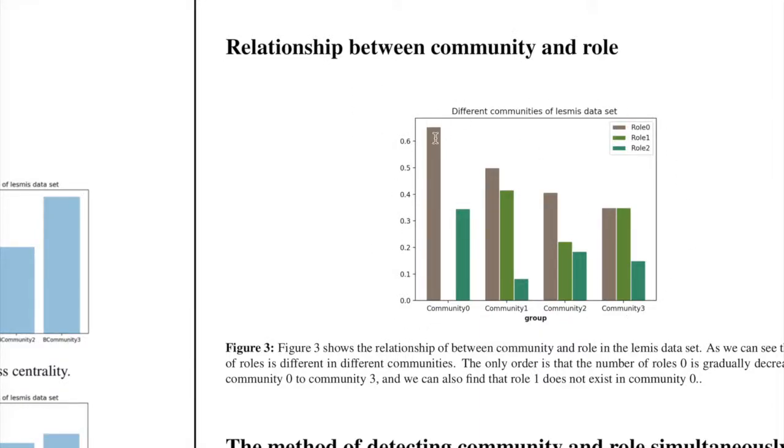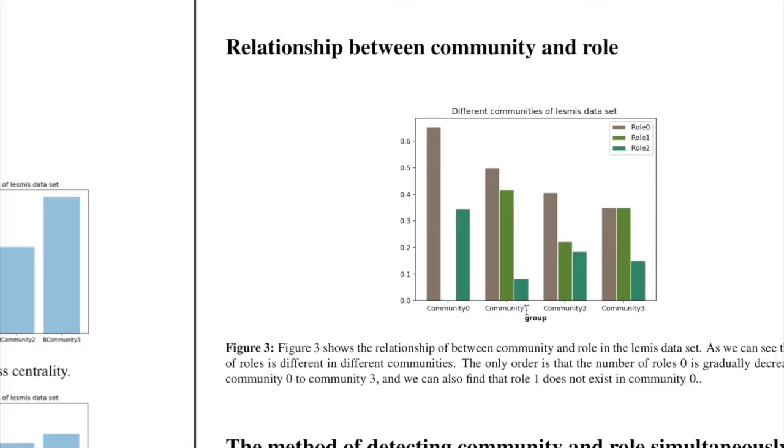In this figure, we can see that in community 0, role 1 plays an important role here, because role 1 occupies almost 65% of the whole community 0, but role 0 only 60%. Role 0 is more important.